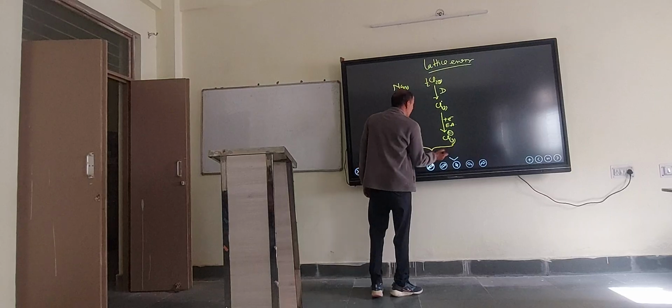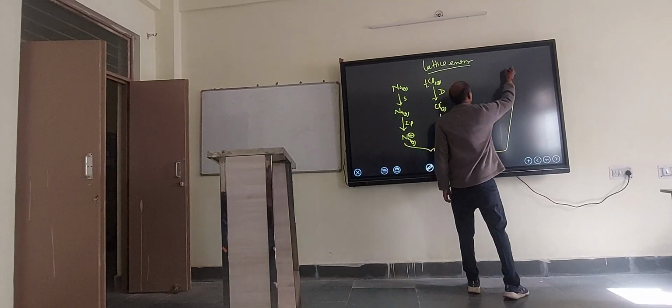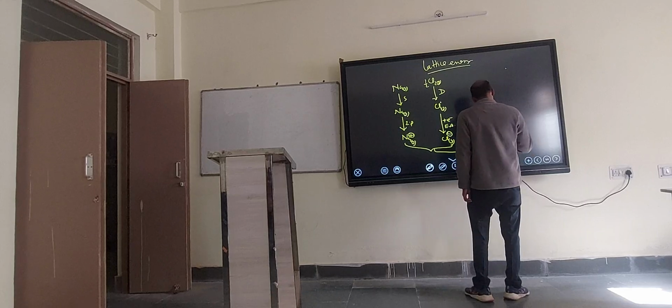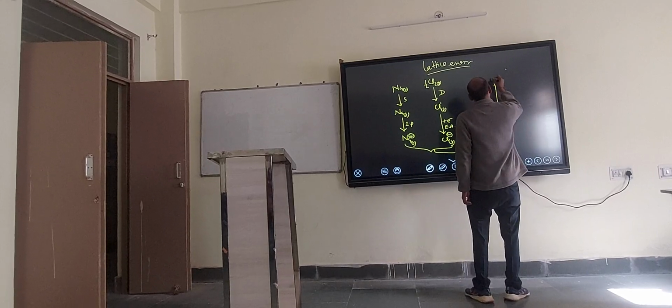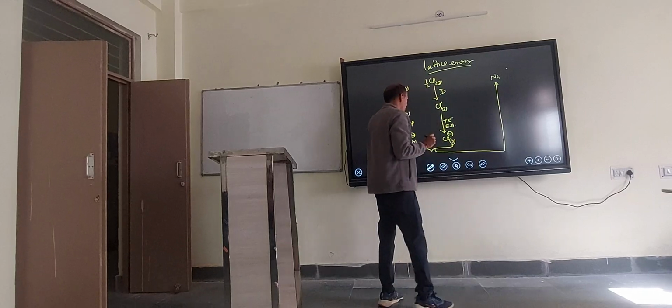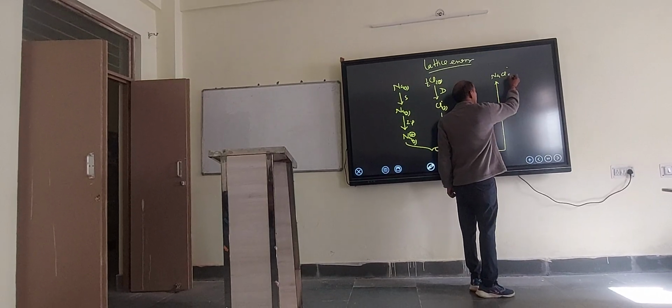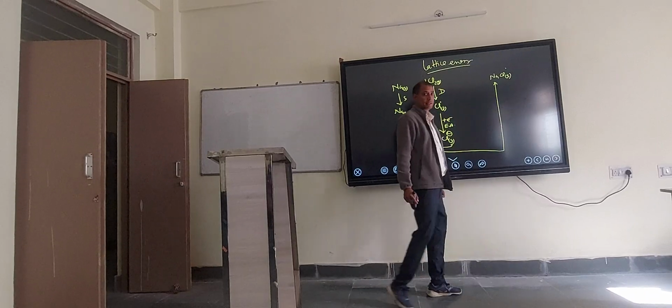Now these ions are formed, and these ions combine together to form NaCl, a crystalline solid.